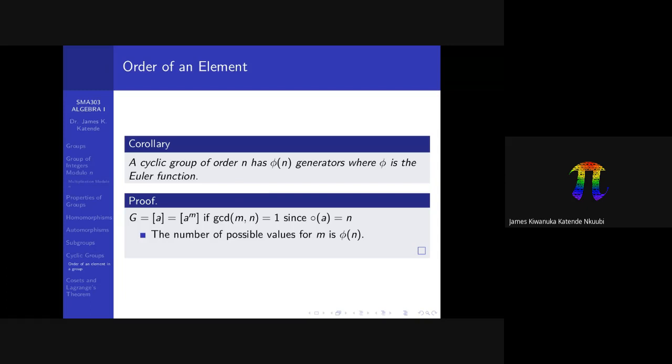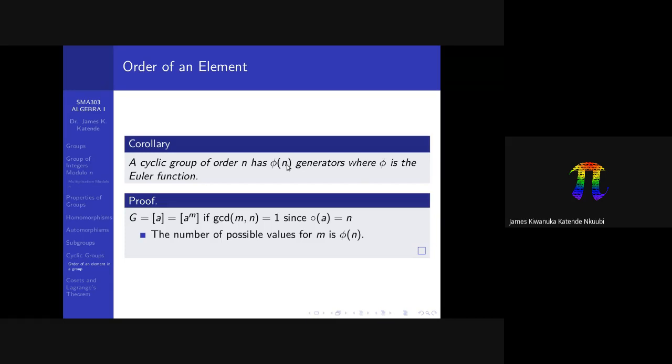So another result here says that a cyclic group of order n has phi of n generators, where phi is the Euler function. I don't know if you're familiar with Euler's function. Euler's function basically counts the number of positive integers which are co-prime to n but less than n. So for instance, if I have phi of 4, I'll need to count the number of integers which are less than 4 and co-prime to 4.